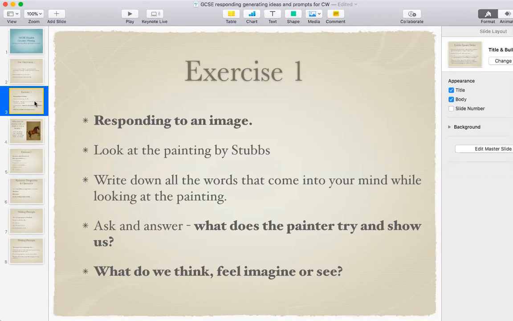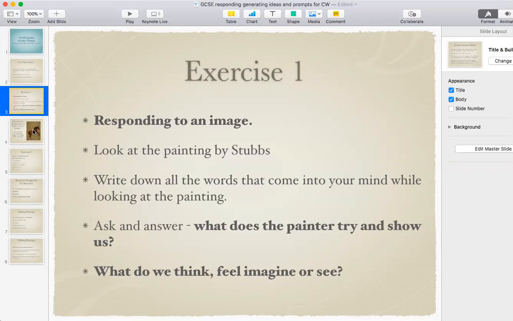I want you to write down all the words that come into your mind while looking at the painting. We're going to ask and answer, in particular, the first question: what does the painter try and show us? And then the second part is, what do we think, feel, or imagine?